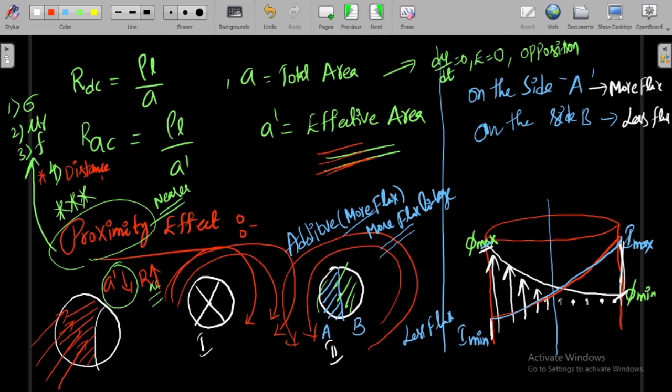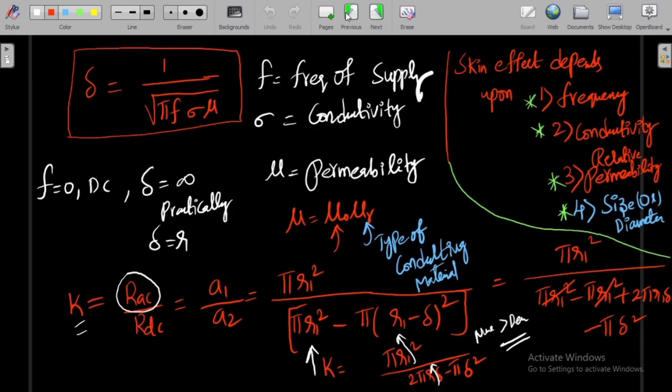Here the distance between the conductors affects the proximity effect. When you have a lesser distance between the conductors, you have more effect on the second conductor or the first conductor, whichever it may be. When the distance between the conductors is more, then you have less proximity effect. So that is the reason why we usually neglect the proximity effect when compared to the skin effect.